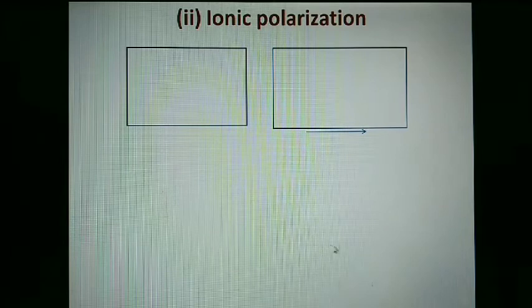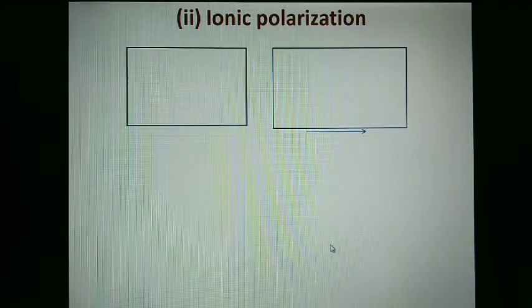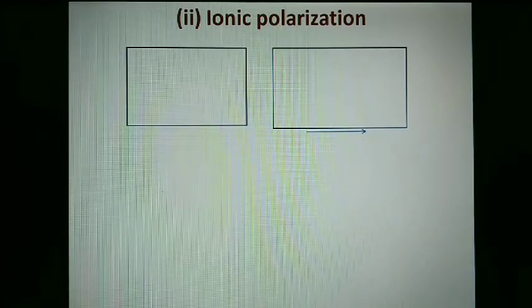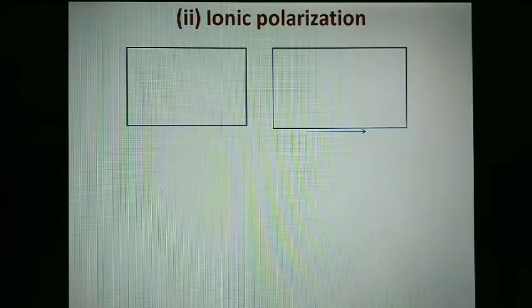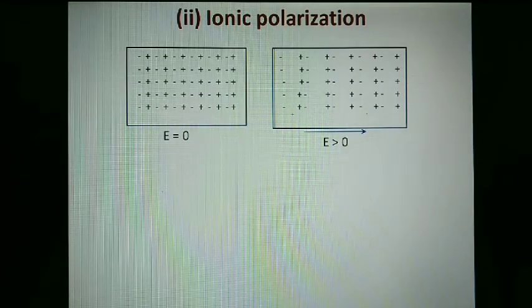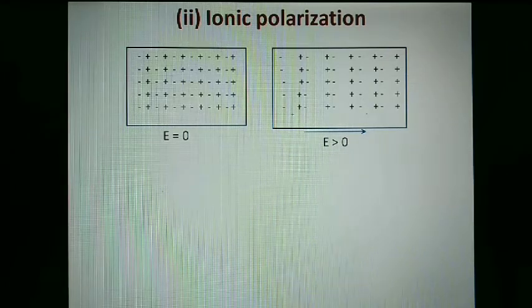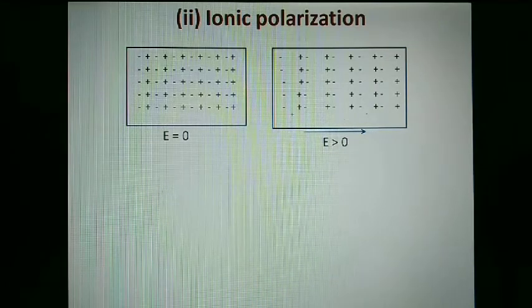The second one is the ionic polarization. This happens in the case of ionic materials, ionic dielectric materials. In this case, displacement of the negative and positive ions will take place.